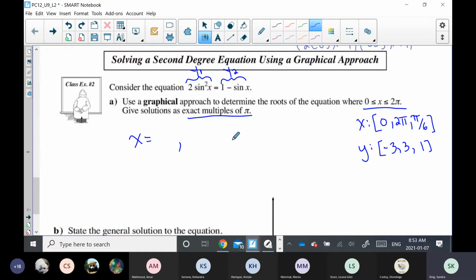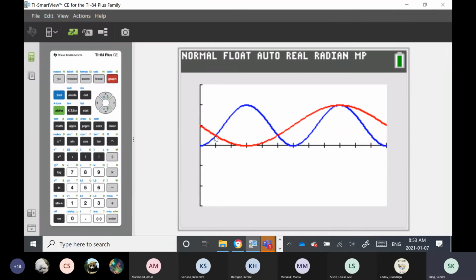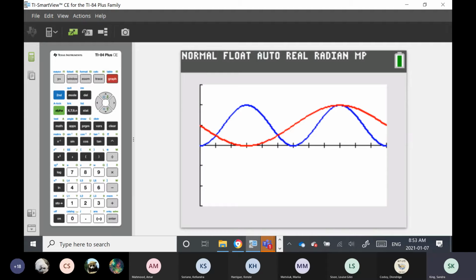So we've got the first answer, our second answer, and then 3 pi over 2. So again, just take a minute, see if you could find this one and this one. And then I'll pick a couple different people.